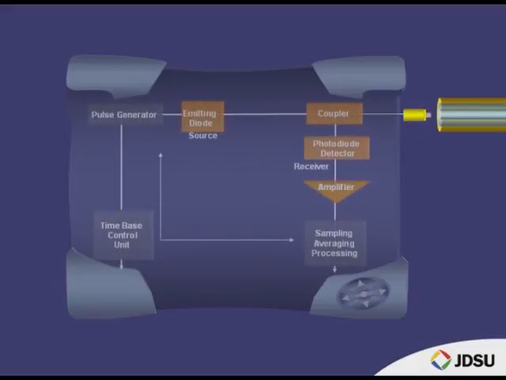The OTDR uses a pulse modulator and a laser diode for its source, and a highly sensitive photodiode detector as its receiver. As the scattered pulse returns to the OTDR, it is directed to the detector through the coupler, then amplified, sampled, and processed. This happens thousands of times per second to build up the signal-to-noise ratio.